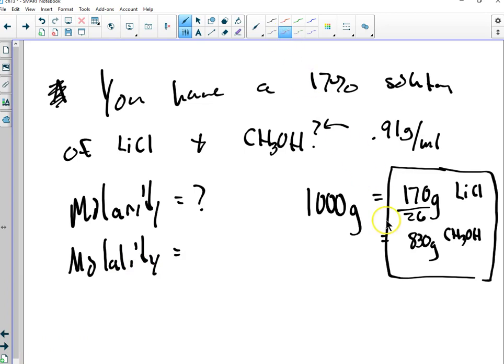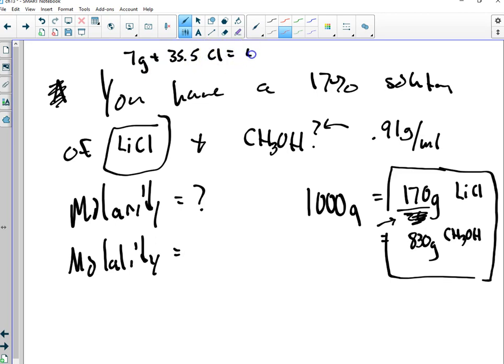If you remember, on the previous problem, I did LiF, and that is 26, but it's not LiF because I didn't even notice, I changed it to LiCl. So it's really 42.5-ish, because it's 7 grams for lithium plus 35.5 for chlorine. 42.5 grams for LiCl.